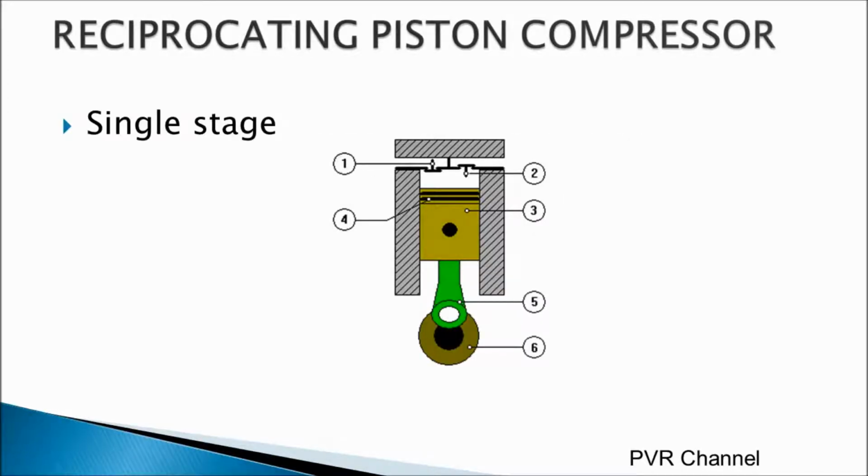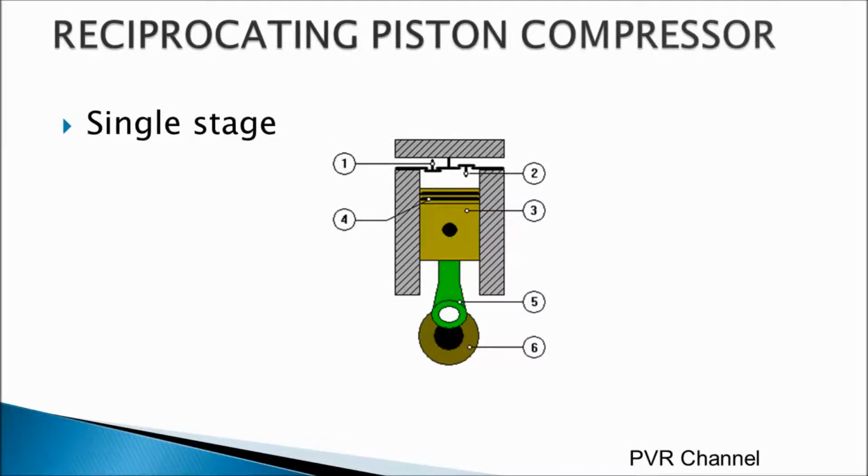So this is a single stage reciprocating piston compressor. 1 shows the inlet valve, 2 shows the outlet valve, 3 is the piston, 4 is the piston seal, 5 is the connecting rod, and 6 is the crankshaft.